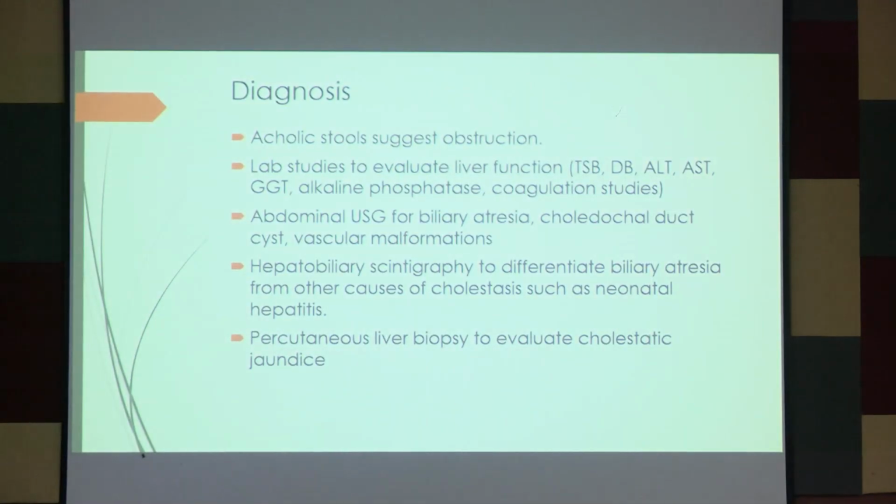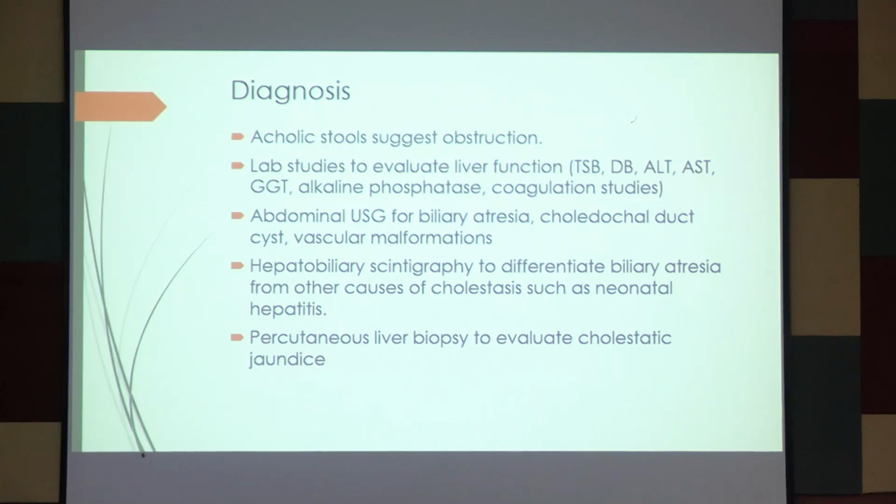Then hepatobiliary scintigraphy to differentiate biliary atresia from other causes, mainly to differentiate from idiopathic neonatal hepatitis. Then percutaneous liver biopsy, the definitive procedure to evaluate causes of neonatal cholestasis.